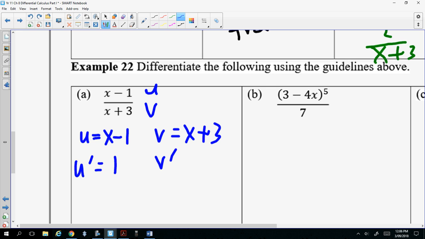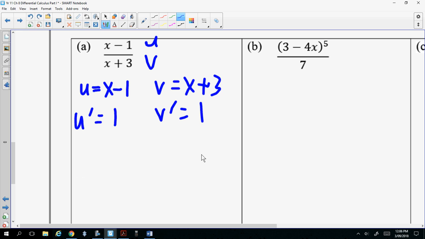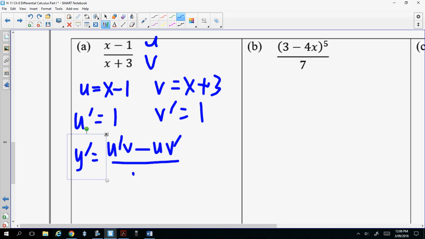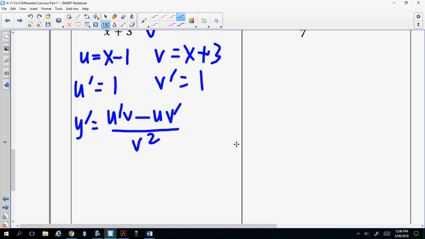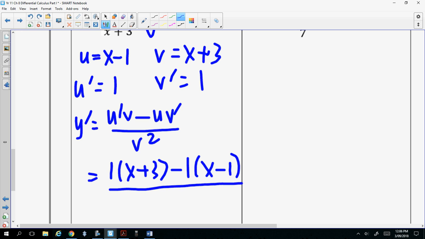And then using the quotient rule, we write down y dash is u dash v minus u v dash over v squared. Okay, let's do that. 1 times x plus 3 minus 1 times x minus 1 over v squared.